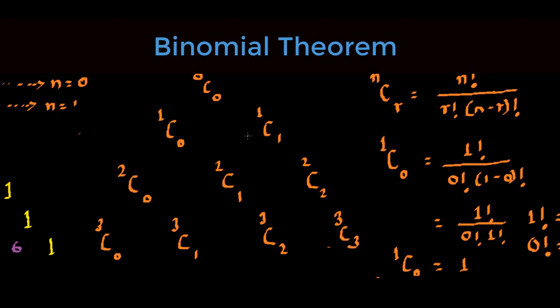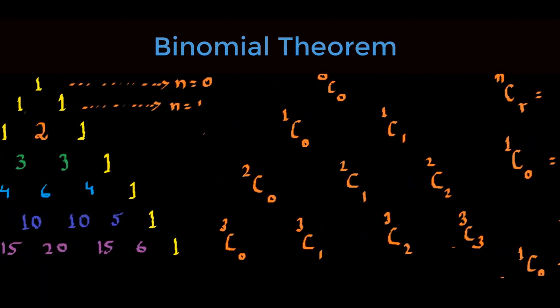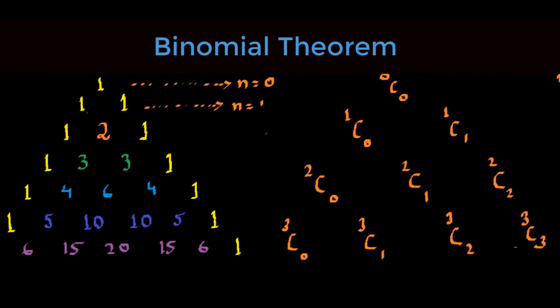Now if you calculate this value, 0C0 gives us 1, which is in accordance with Pascal's triangle for index n equals 0. Then 1C0 is also going to give you 1, and 1C1 is also going to give us 1. So this is in concordance with n equals 1.